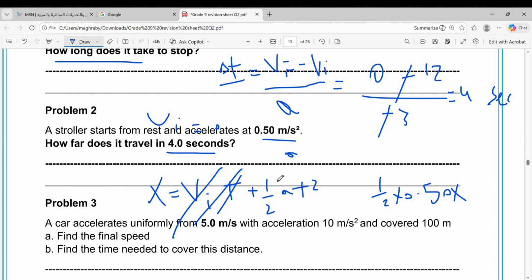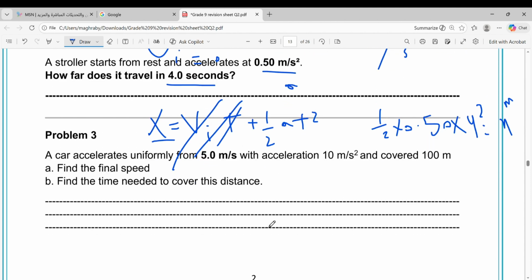T is equal to 4, so 4 square. So the x will be equal to 4. For what? This x, so 4 meters.